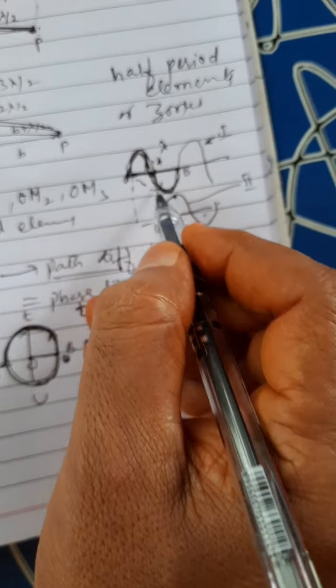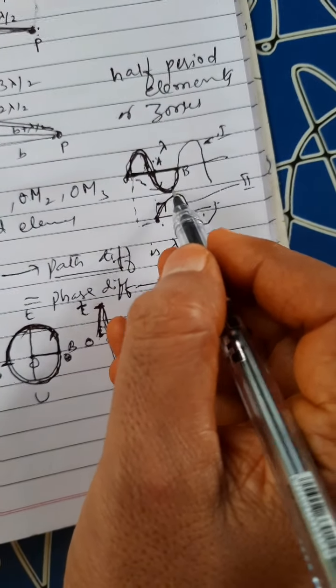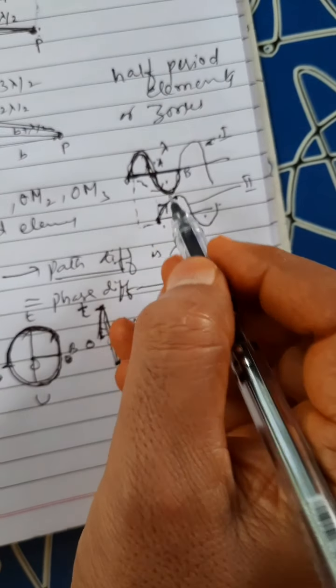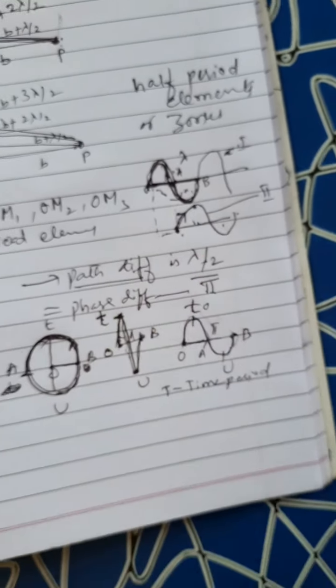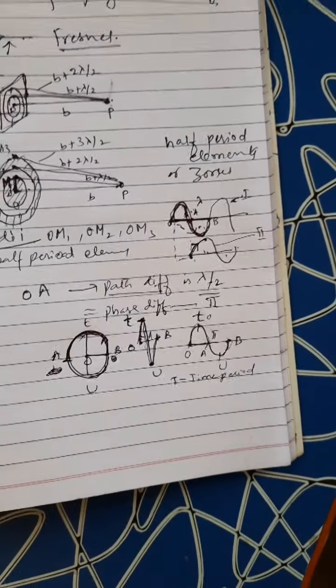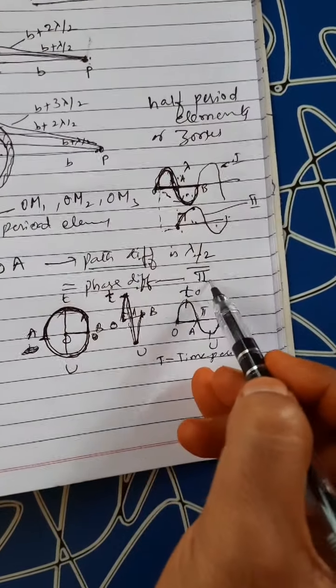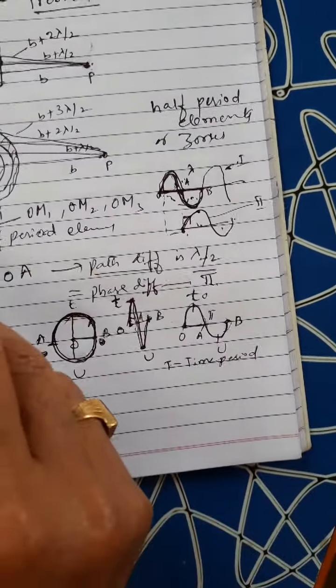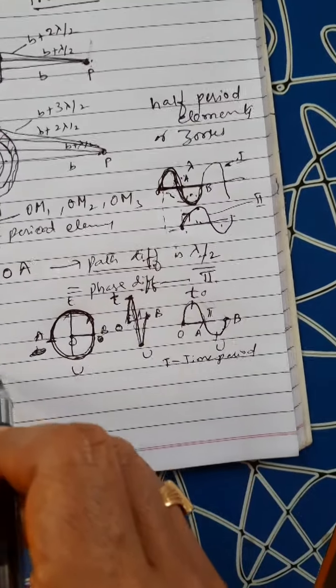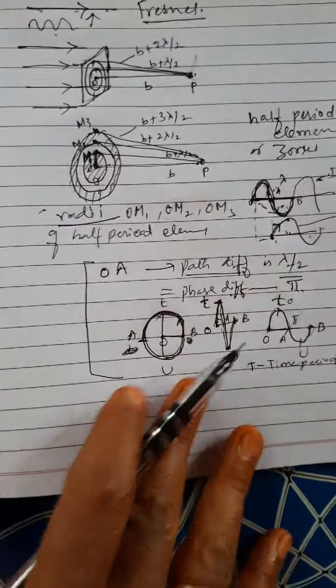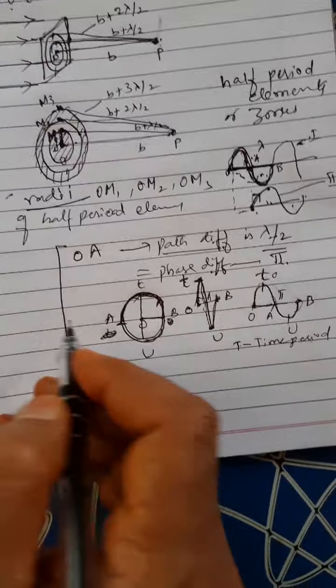It is trying to go down and it is going up. This is out of phase by pi. When path difference is lambda by 2, the phase difference is pi. This is a very important idea to understand interference or diffraction.